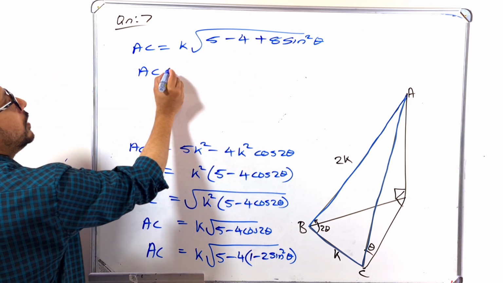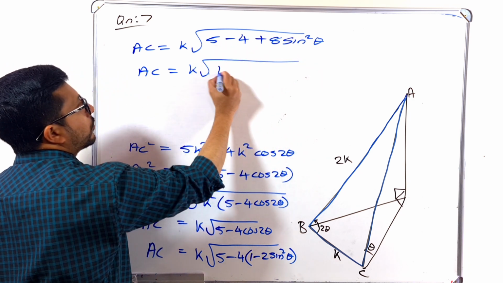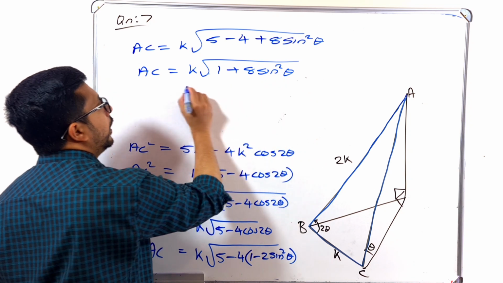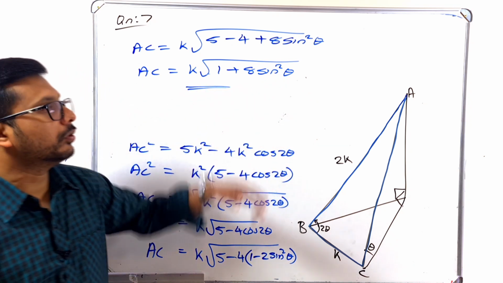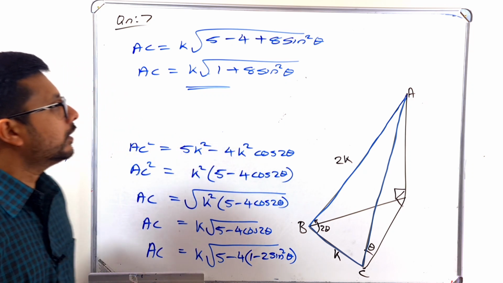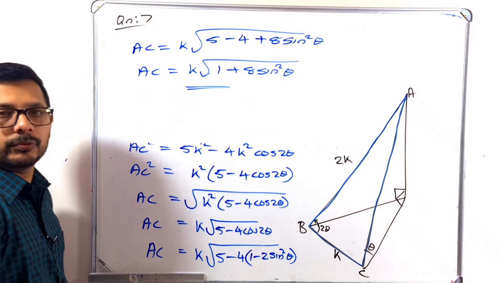So AC is equal to K into square root of 1 plus 8 sine square theta, and that is what we want to prove. Okay, so that is question number 7.1.